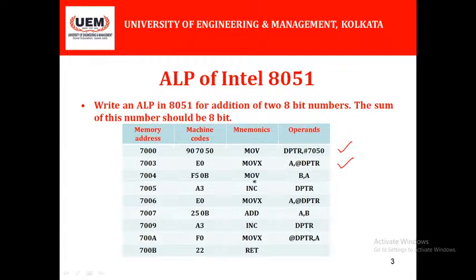and MOV B, A. This is another instruction through which the value of A is transported to B. Next is INC DPTR. We have 7050 here, and with 7050 we are incrementing it by 1, so 7051.